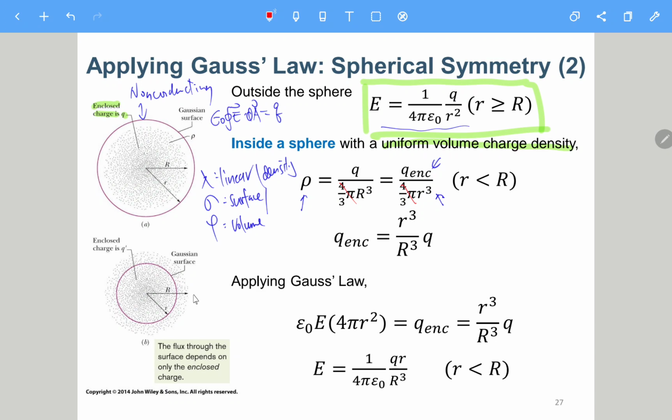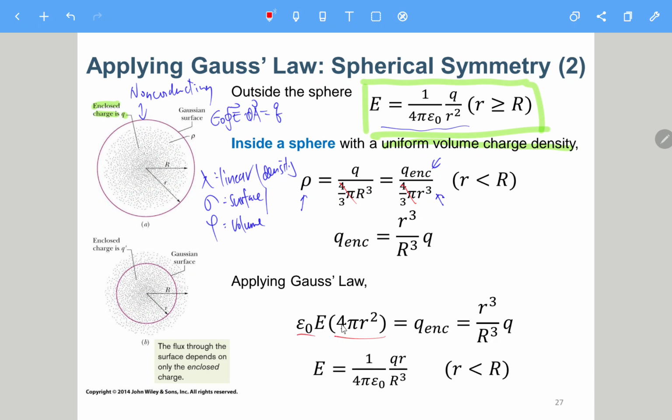Then applying Gauss's law to this Gaussian surface, the left side is the same thing, epsilon naught times E times 4 pi r squared, nothing special. And Q enclosed is this one, so we just plug it in here. Finally, we move this term and this term over.